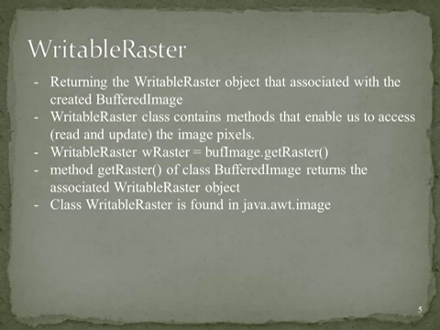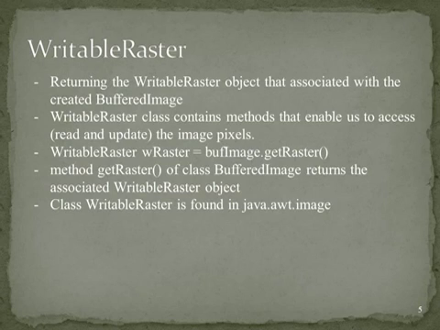Through the WritableRaster object, the content of the image can be created at the pixel level. This method of pixel by pixel image generation may be illustrated by the example of building a fractal image.